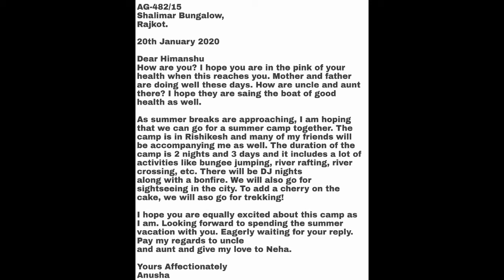After that, the main paragraph, regarding the main topic, because here we do not have a subject. So all the details must be given in the middle paragraph. As summer breaks are approaching, I am hoping that we can go for a summer camp together. The camp is in Rishikesh and many of my friends will be accompanying me as well.